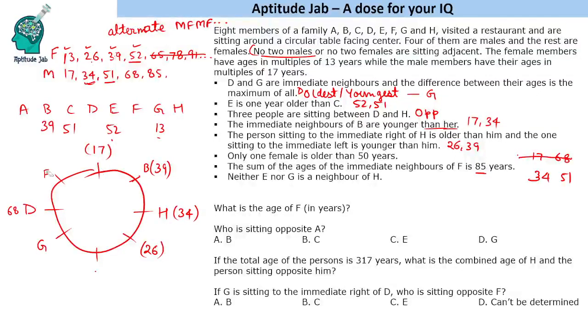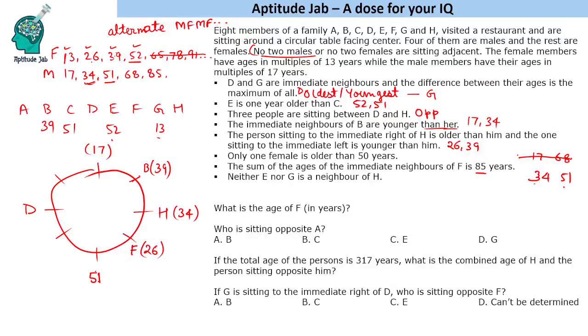So the only possibility that we will get is that the sum of the ages of the neighbors of F is 85, which is 34 and 51. So we know this is the 34-year-old, right? So this will be F, and this will be the 51-year-old person. Okay, now 51 is done.